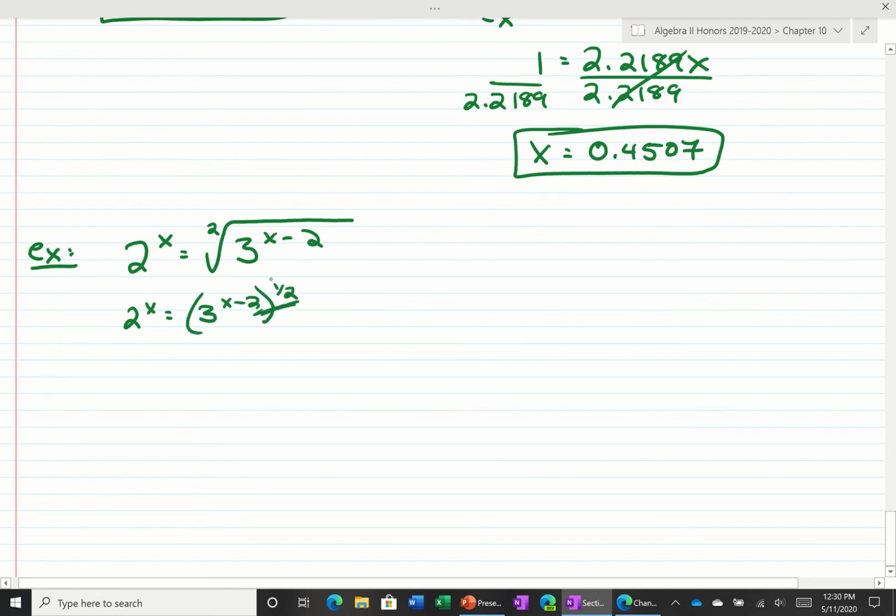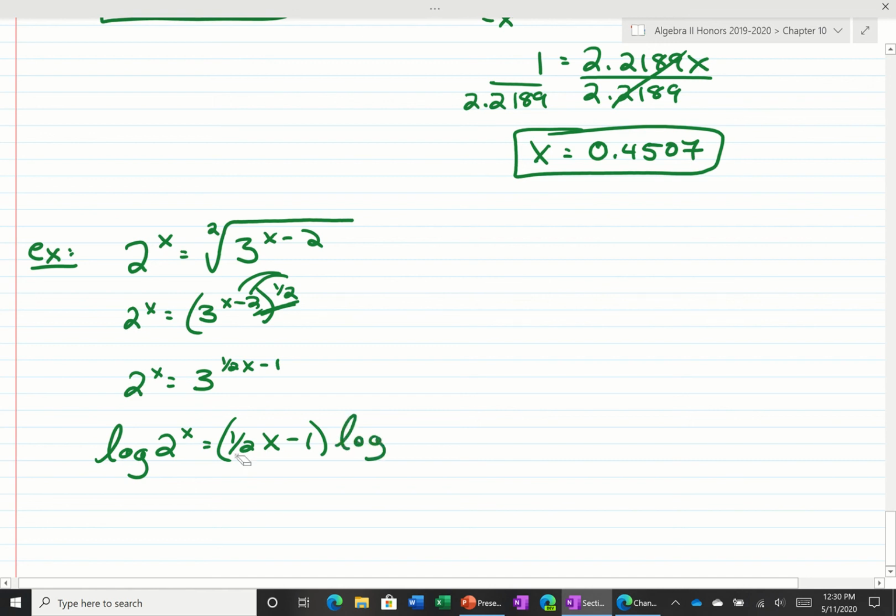Power to a power means we multiply. And then you could use ln if you want, or you could go back to using regular logs. ln is really only necessary if you have a base e. If you don't, you could use regular log, you could use ln, you'll get exactly the same answer. See, I'm distracting myself here. We're taking the log of both sides.